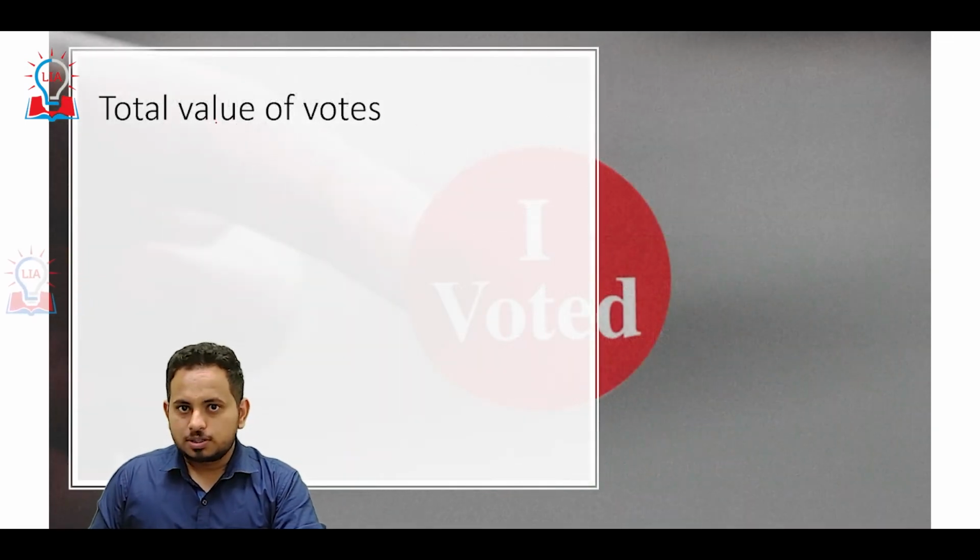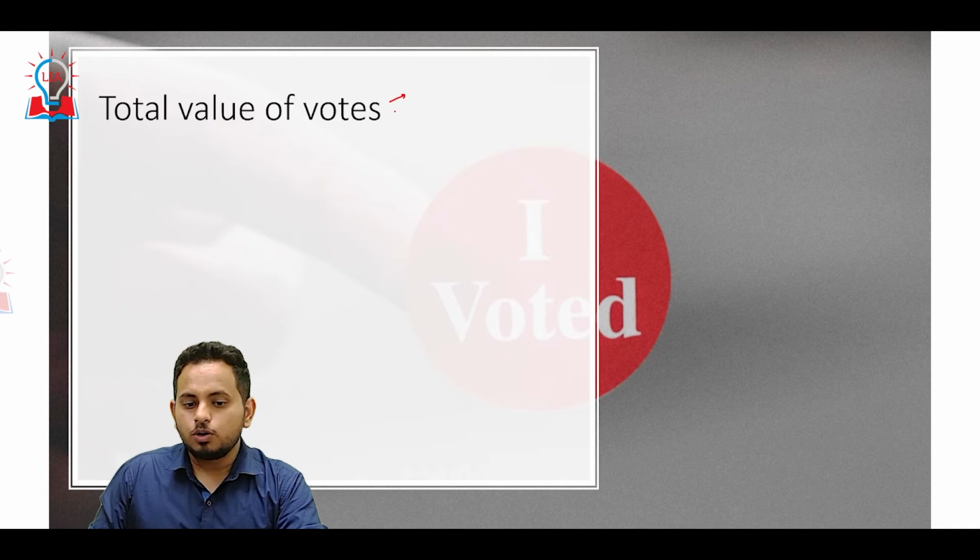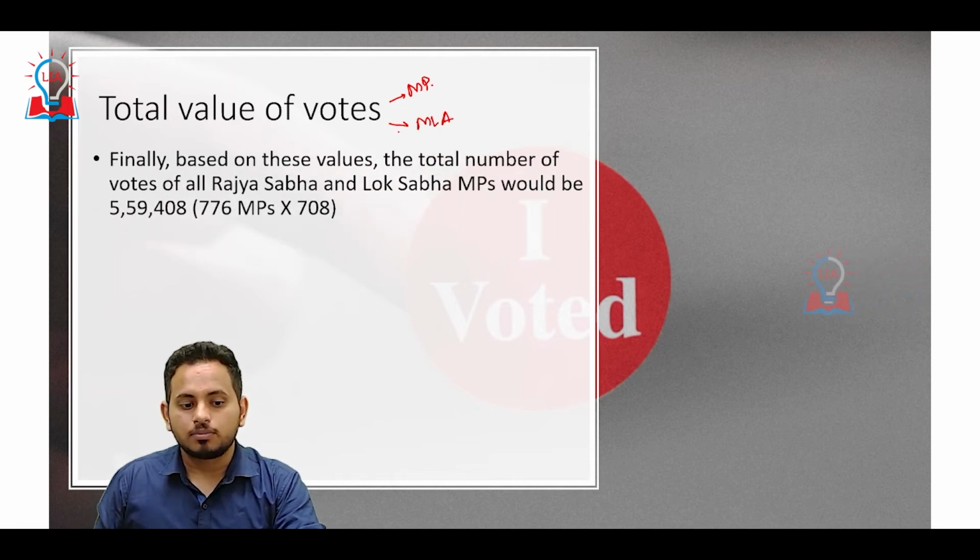Total value of votes. See, we have seen the total value of vote of MPs of Rajya Sabha and Lok Sabha. We have seen the value of all the MLAs. Okay, then what is the total?